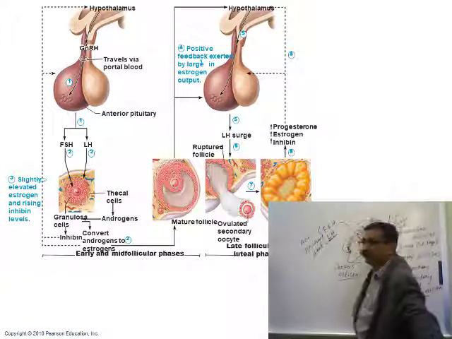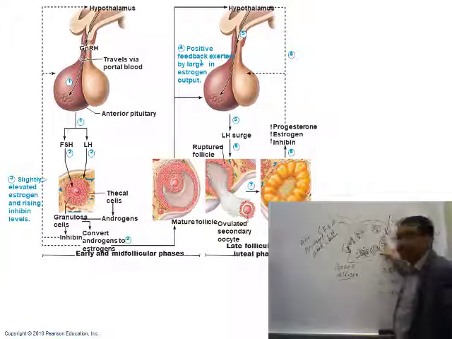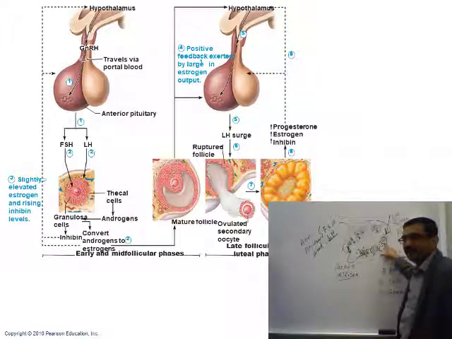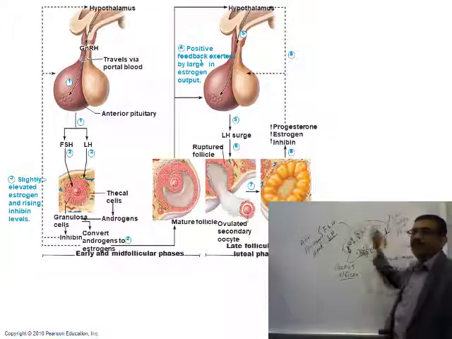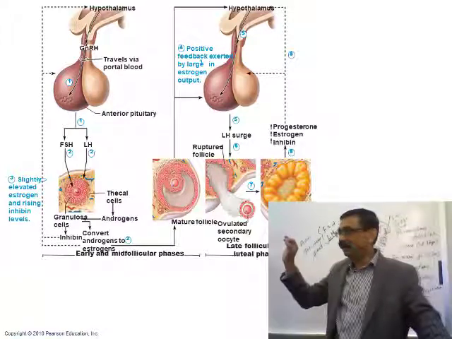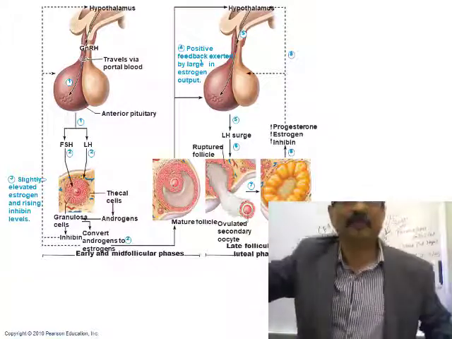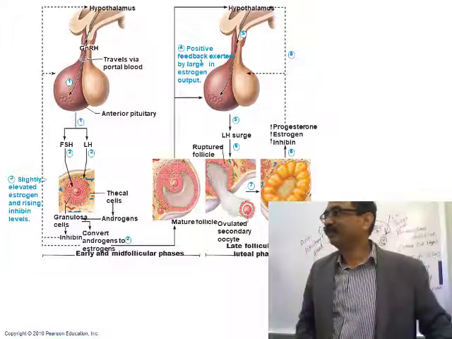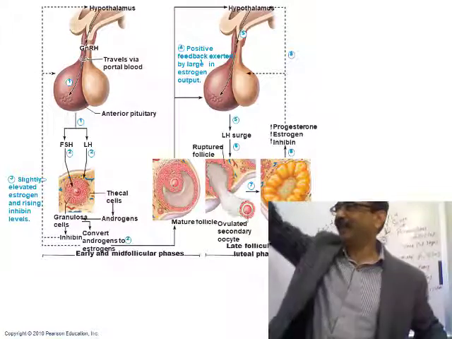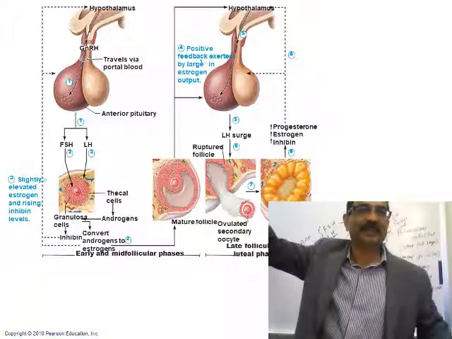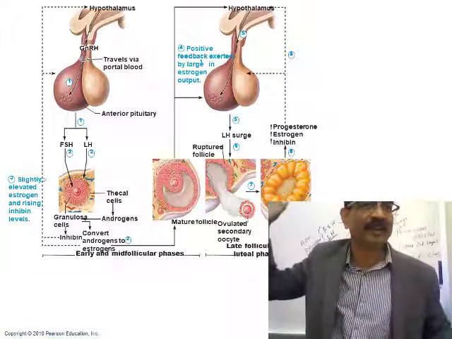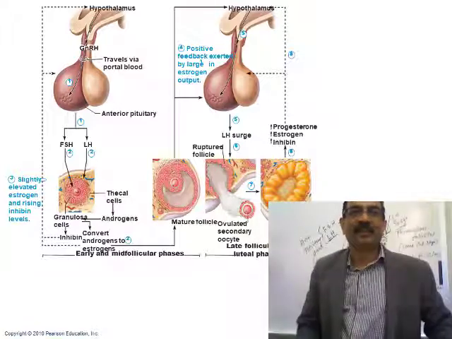Will the follicles grow or not grow? Will the rupture occur or not occur? So ovulation will be stopped, right? And that is one method of birth control. We inhibit the release of FSH, so the rupture and ovulation will not occur. You can stop ovulation, so we can do that.